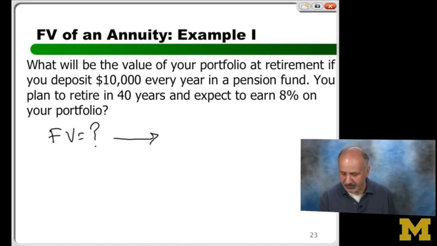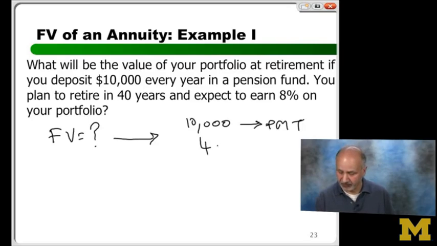And out popped, I gave this information, $10,000 was PMT, 40 was N, but most importantly, 8% was R.